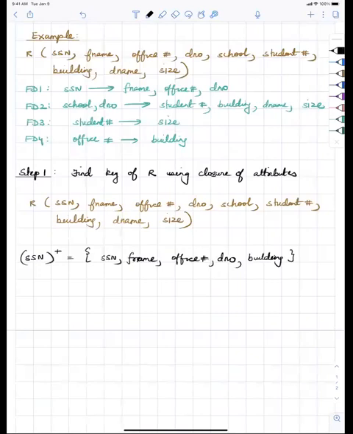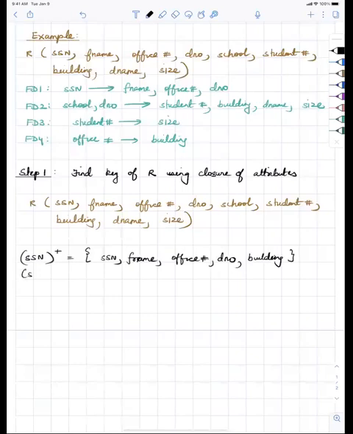So let's look at school and D number. It's not going to be a key anyway, because from school and D number you're not going to get social security number.